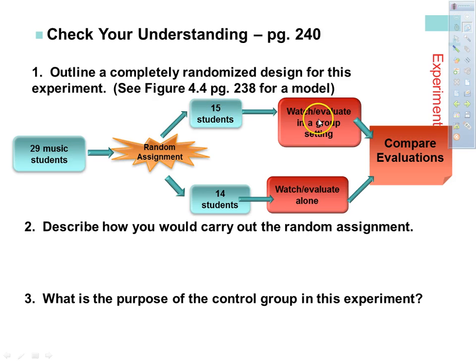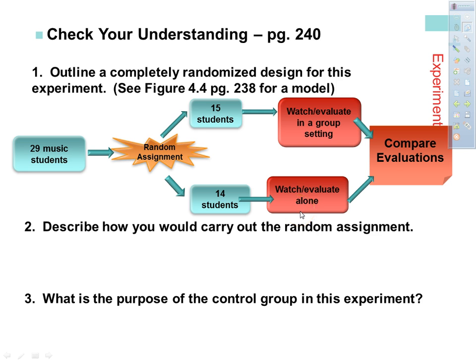In the group of 15, we're going to assign them to watch and evaluate their videotaped performance in a group setting. So I think the idea was to evaluate on their own, then talk about it in a group setting, and then come back and reevaluate. I wasn't exactly sure of the setup there, but basically they're going to talk it over in a group and then evaluate their performance. These 14 students are going to be our control group.